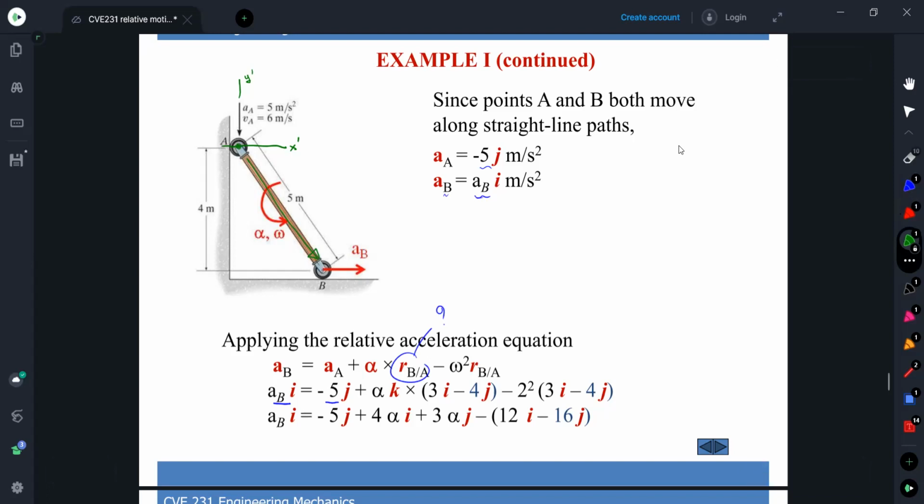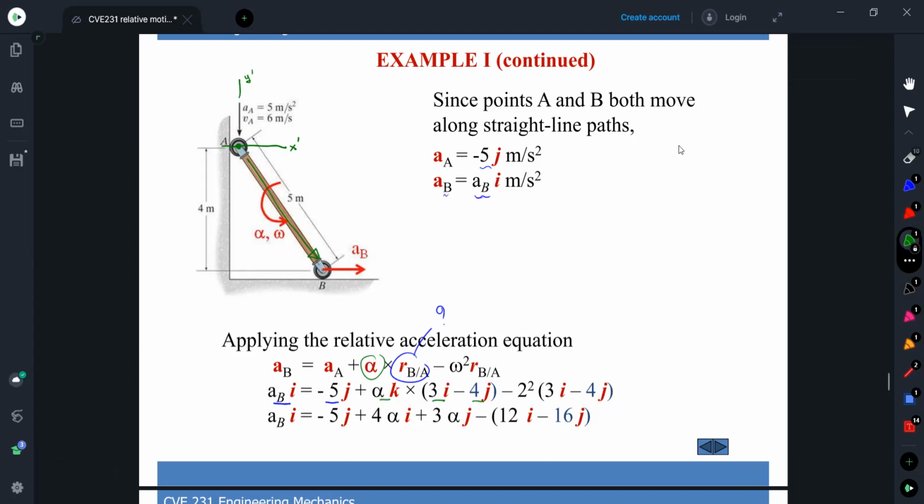According to this, RB sub A becomes 3i minus 4j. Alpha we don't know now, but we assume it to be in the positive direction first, that is, positive in the k direction.